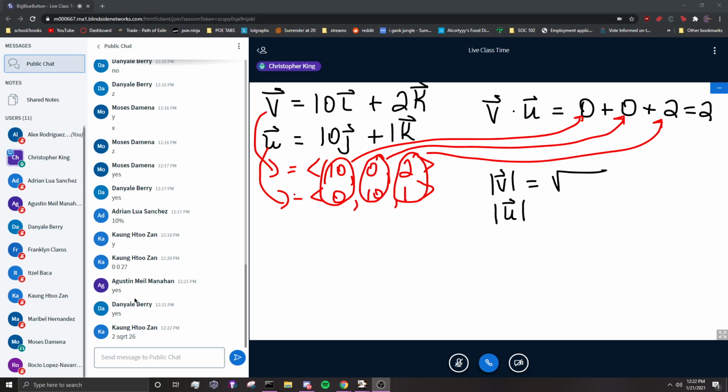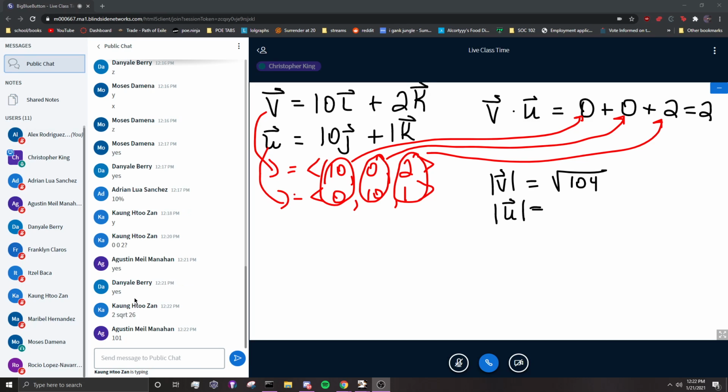Yeah, I think it's going to be the square root of 104. Then the magnitude of vector u is going to be what? The square root of 101.